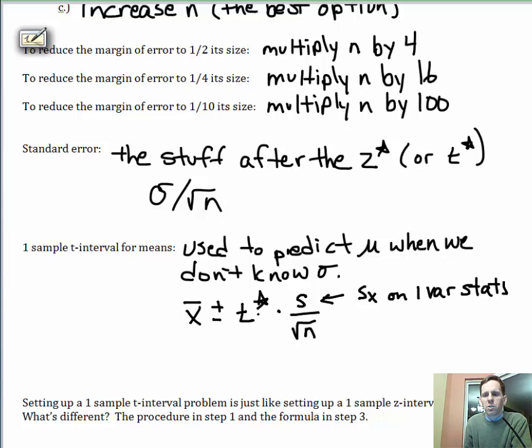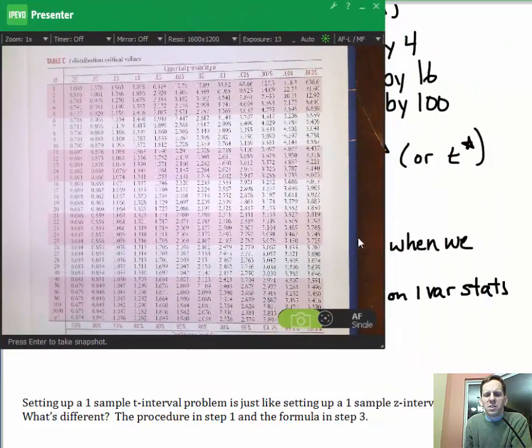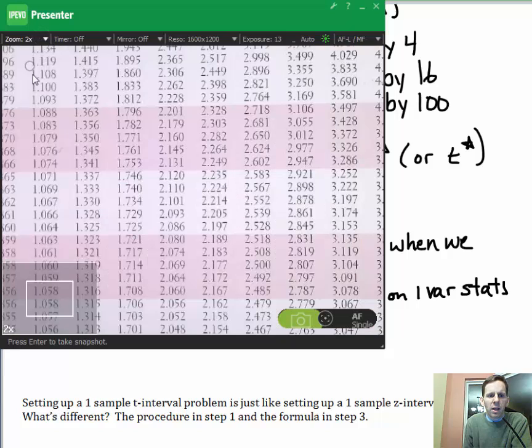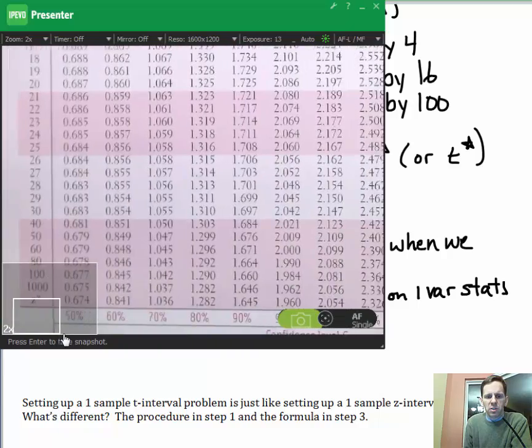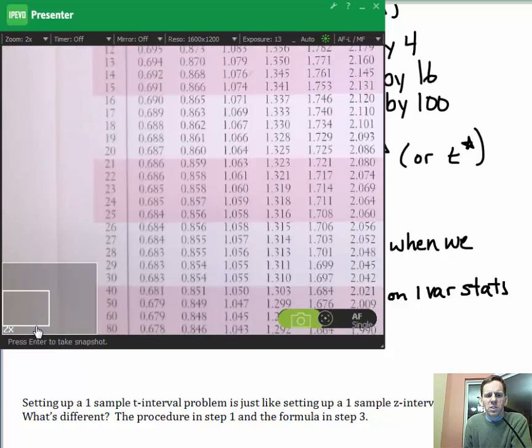Now, t star is related to what you see in table C, and it's found in basically the same place that we found our z star values. I'm going to zoom this in a little bit so you can see a little better. We're still referring to our values at the bottom of this page, so you're still going to see these values like 50, 60, 70, 80%. But you also notice these values along the side.